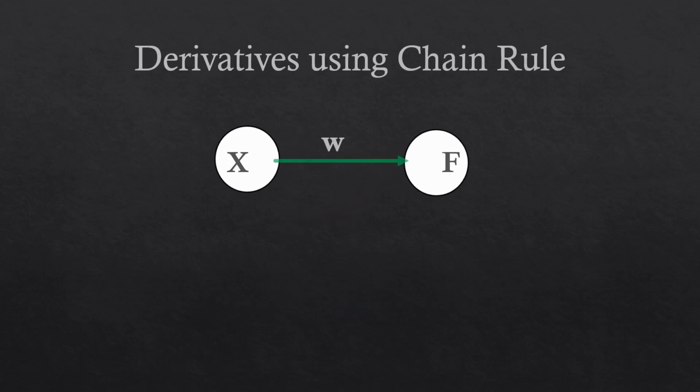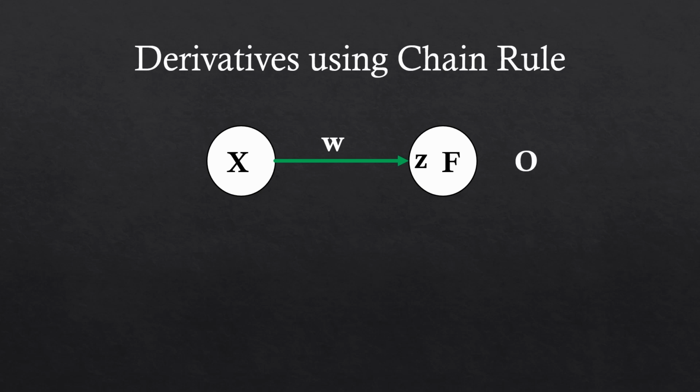Let's use the chain rule in the one input, one output case from before. We'll include an activation function f in this example as well. Assuming that the pre-activated output is z, the model output is O, the expected value is E, and the loss function we are using is the mean squared error, the loss will be (O - E) squared.